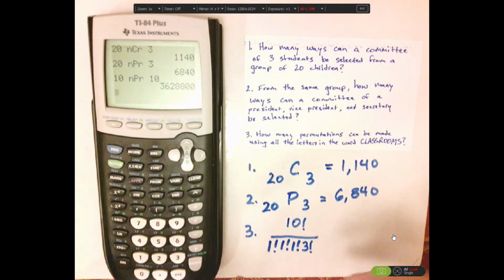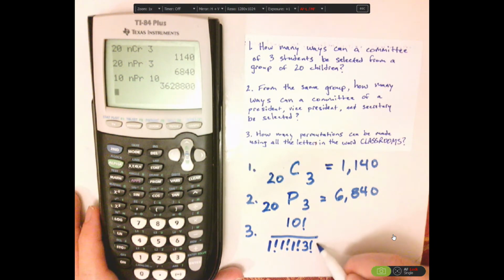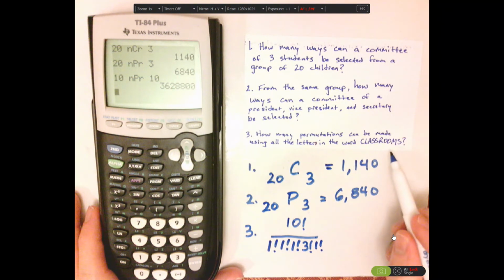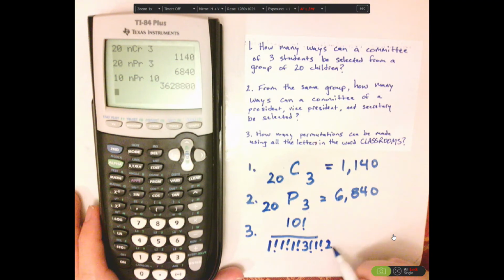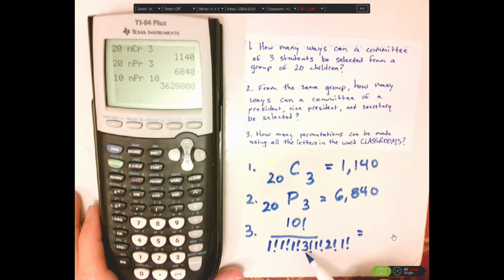You're basically grouping all the different types of objects together. So R is 1 factorial. O is 2 factorial, and then M, there's only one of them. So really in the calculator, I just need to put 10 factorial over 3 factorial times 2 factorial.